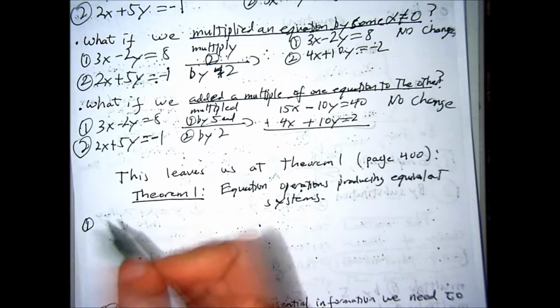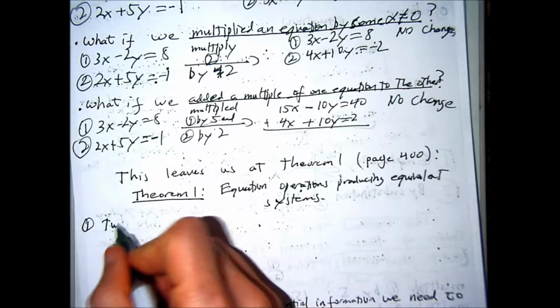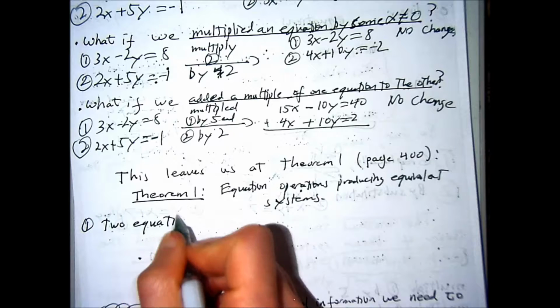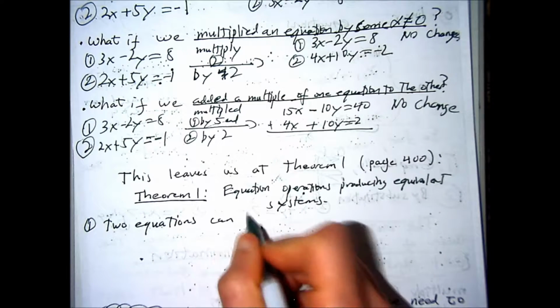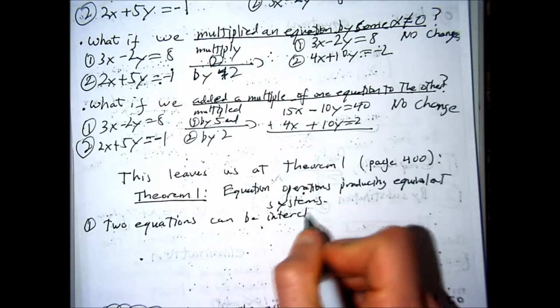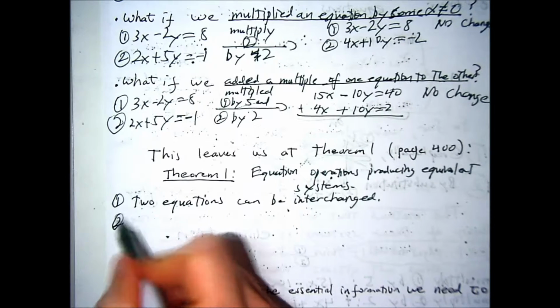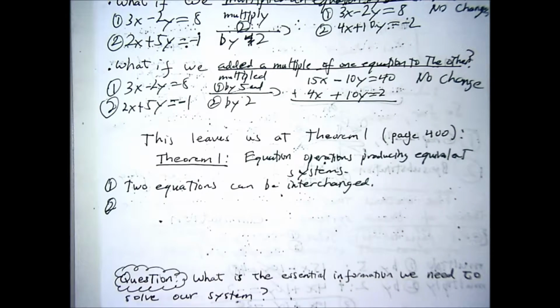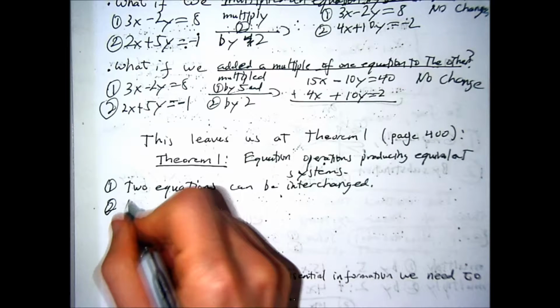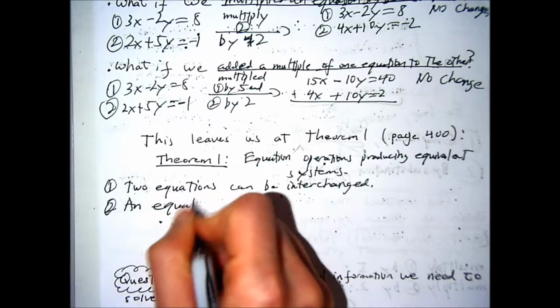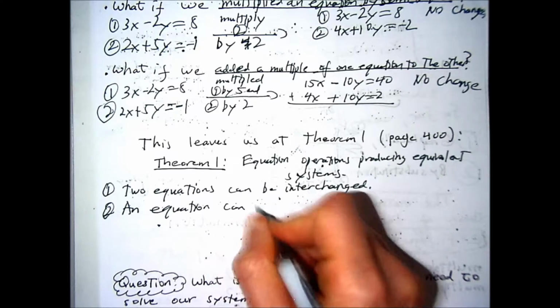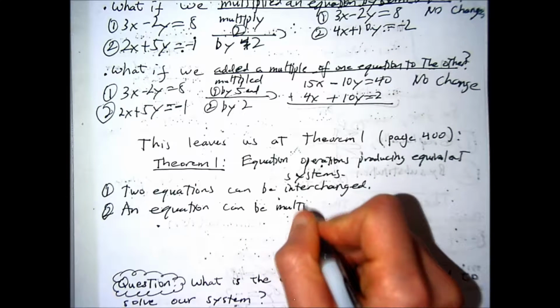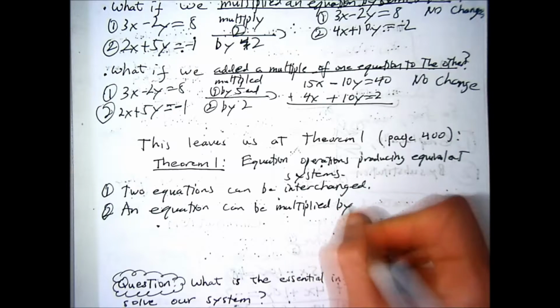So 1, 2 equations can be interchanged. 2, an equation can be multiplied by a non-zero constant.